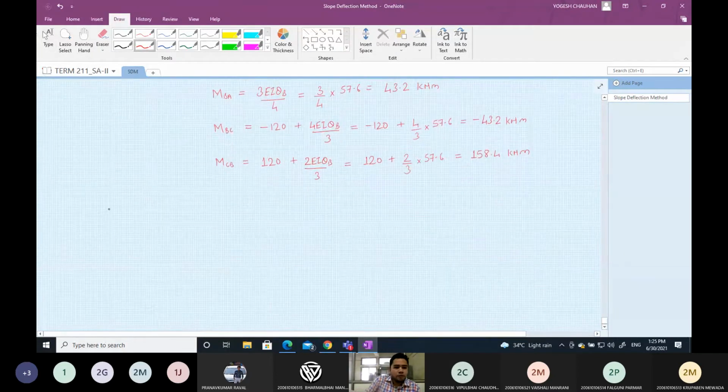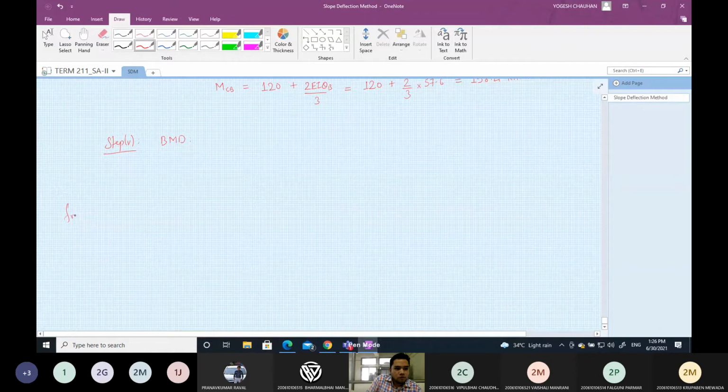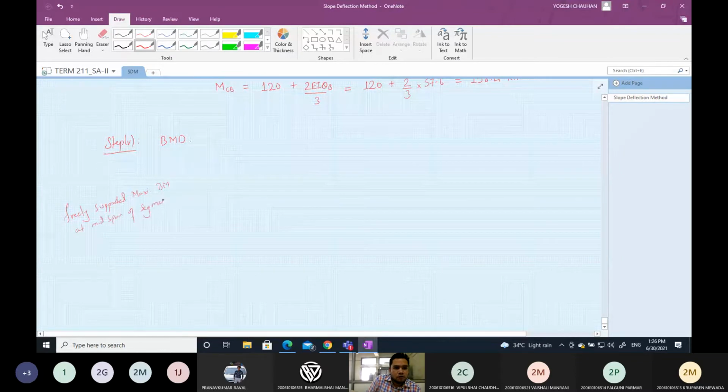Now you can draw the bending moment diagram. So you first find the freely supported maximum bending moment at midspan of segment BC, which will be equal to WL square by 8.